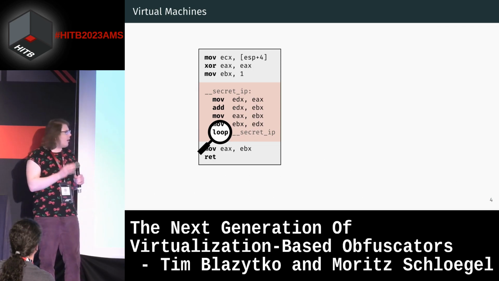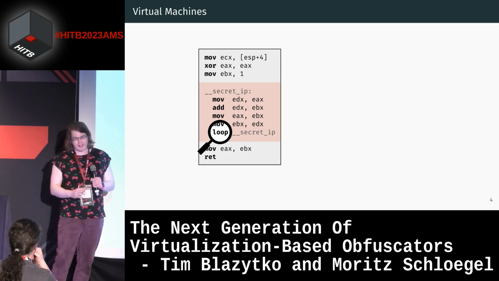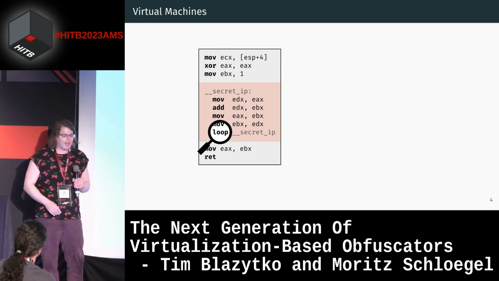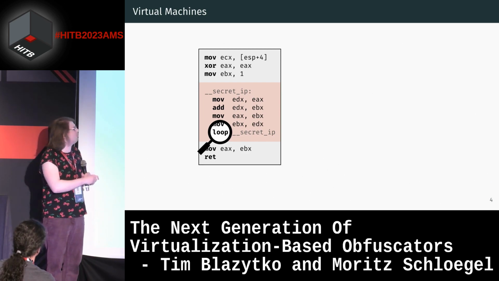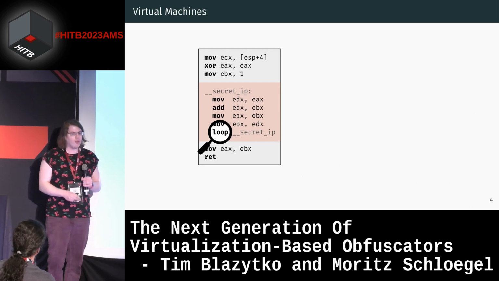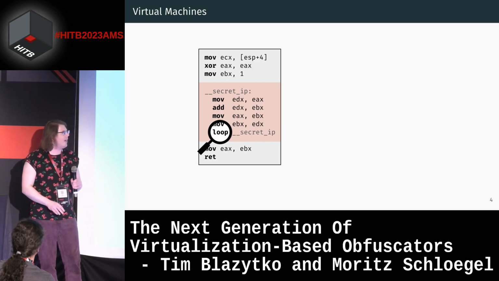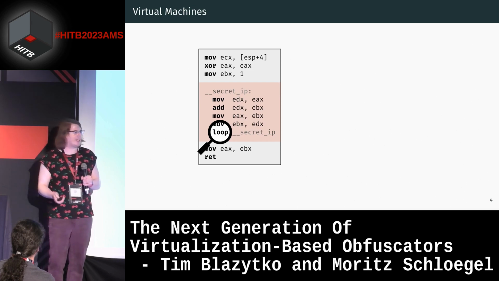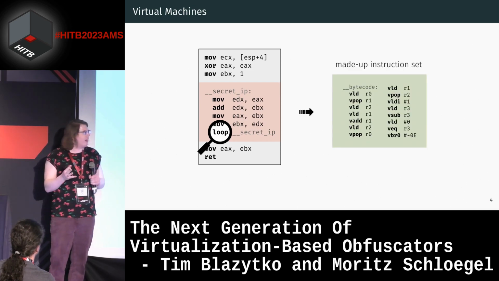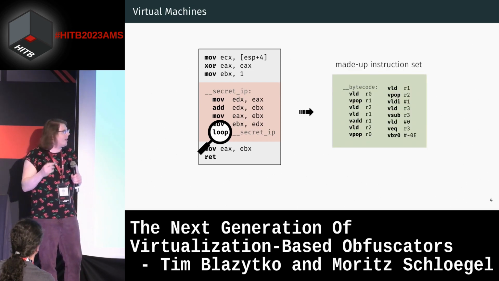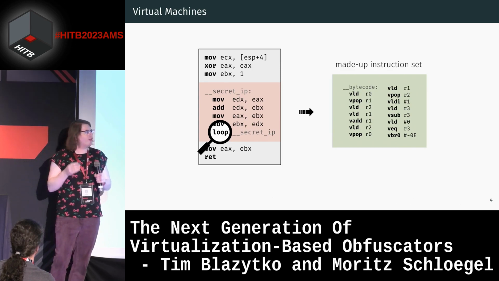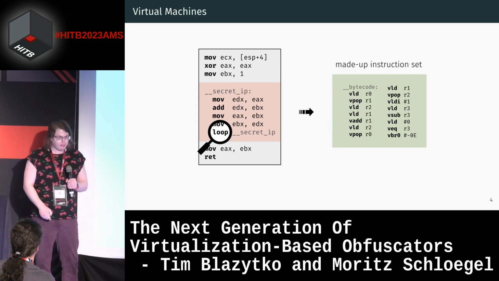Our goal is to prevent that. What we do instead in virtualization-based obfuscation is translate this piece of code into a made-up instruction set language, like another assembly, for a software virtual machine.